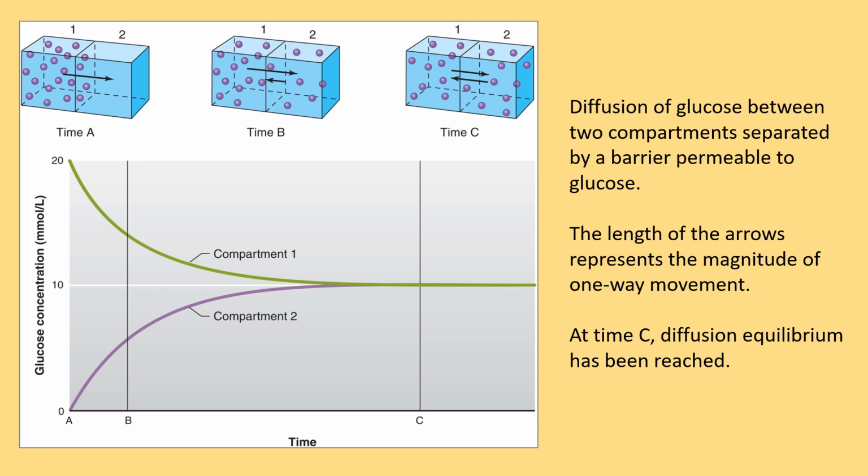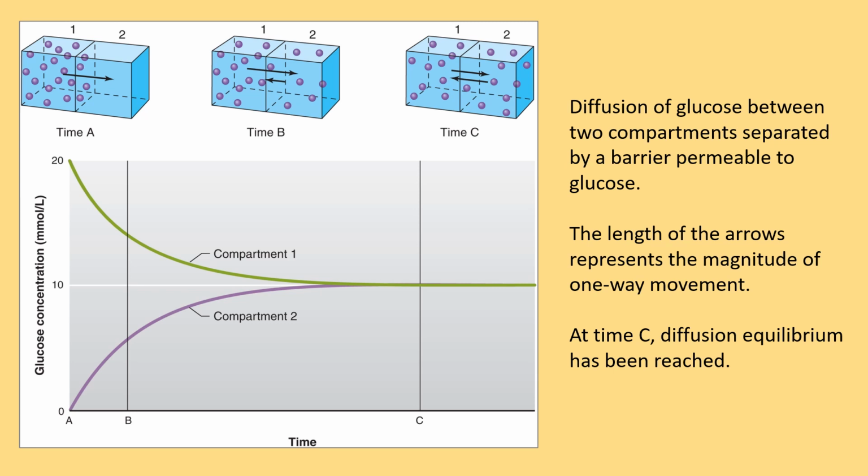There's a higher concentration of purple dots in compartment 1 and a lower concentration in compartment 2. And so notice that the arrow moving from compartment 1 to compartment 2 is longer than the arrow moving in the opposite direction. So there is a bidirectional movement of solute. It's just happening at a greater rate as purple dots move from compartment 1 to compartment 2, and they move more slowly in the opposite direction.